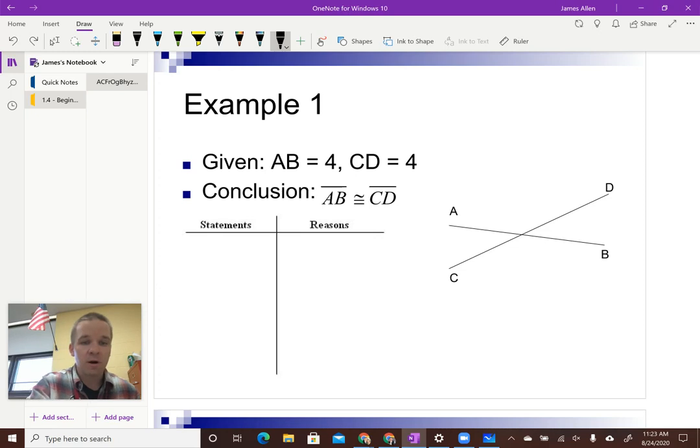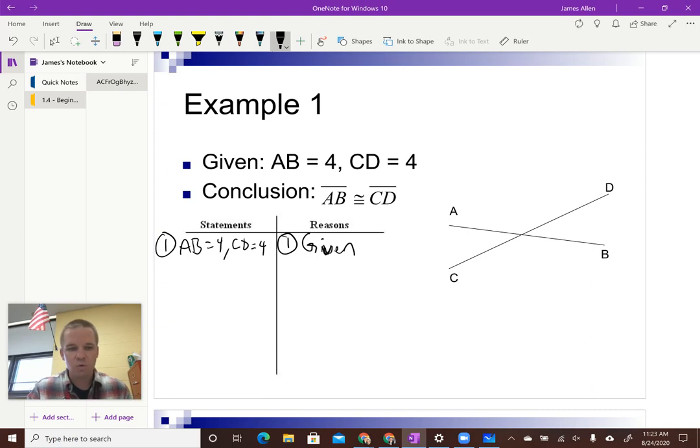So for our given, we're just going to write out what was in the given. And our reason is that this is given. This is one of our favorite steps because we can always get it right. Just have to copy it down. Woo!